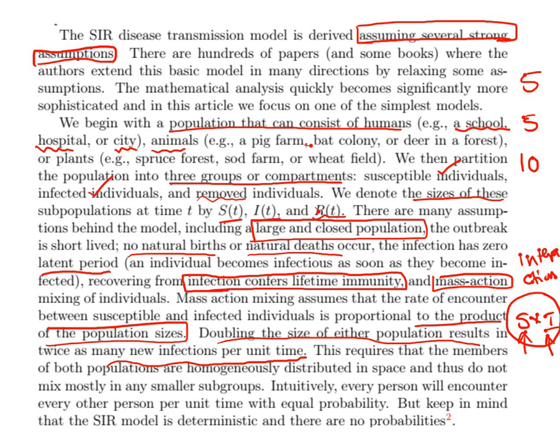So demographic stability. Then we also assume constant transmission and recovery rates, to mean that the transmission rate, the rate at which the disease is transmitted from one person to another, is constant, and recovery also is constant.